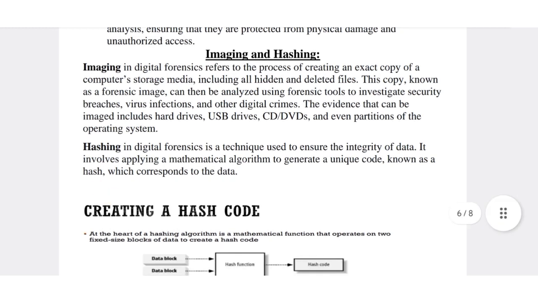Then let's see the concepts of imaging and hashing. First of all, you have to study the difference between imaging and cloning; just google it. Cloning is a one-by-one copy of a storage medium, and imaging is the process of creating an exact copy of computer storage media, which also includes hidden or deleted files, meaning unused or unallocated disk space.